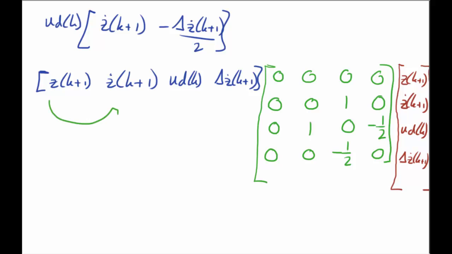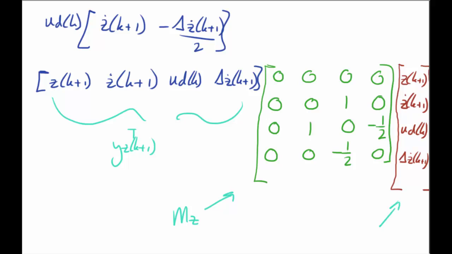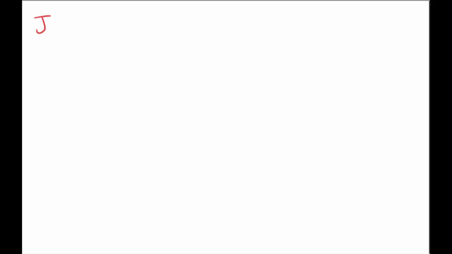So you see here that this is the output transposed at position K plus 1, and the MZ, and then YZ K plus 1, where these are the exact same. You can lay it out and it'll be the exact same.